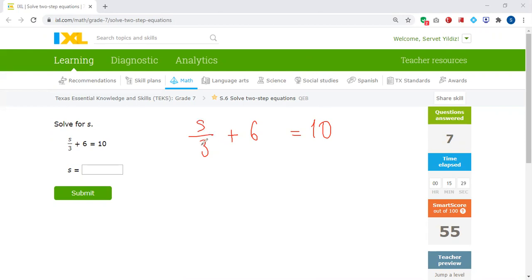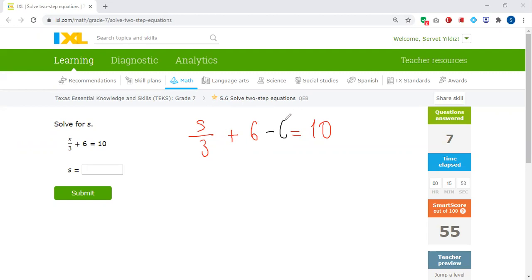So I have to eliminate divided by 3, and I have to eliminate plus 6. I'm going to start with plus 6. I always have to start with plus or minus, and then continue eliminating multiplication or division.